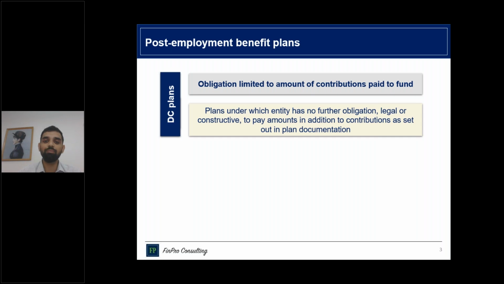To give you an example, the typical example of a defined contribution plan is the provident fund. What happens in case of provident fund is the employer deducts 12% of basic salary as employer contribution as well as employee contribution and pays it to generally a government approved provident fund. And when the employee retires from the organization or leaves the organization, that employee has an option to withdraw that particular fund.